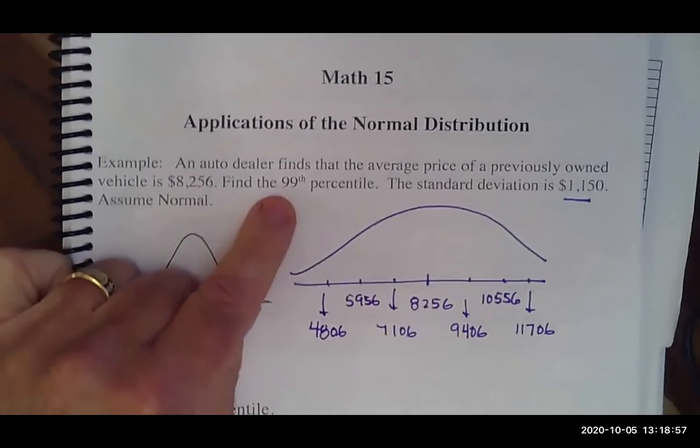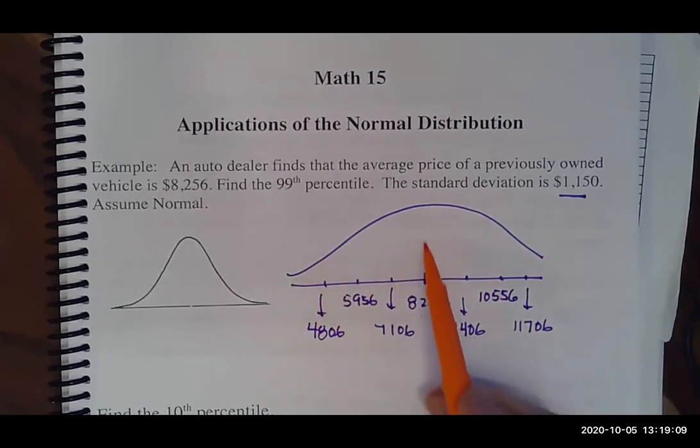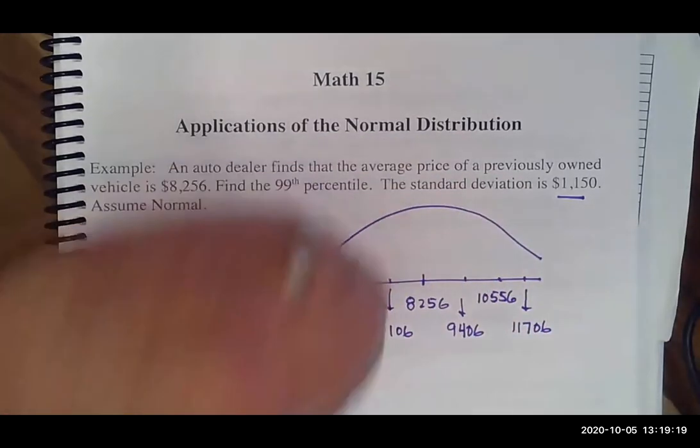Now I want the 99th percentile. The shading is always to the left. I need 99% probability to the left. Let's see, that's 50% right here. That's more. Oh gosh, it's got to be way over here somewhere, doesn't it? I'm going to shade to the left 99%.